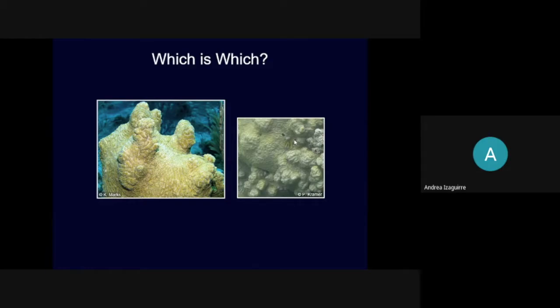Now on these two pictures, I have my Pseudodiploria clivosa on my right, and I'm going to have my Meandrina jacksoni on the left. So a good clue for this is going to be, where do I see these corals? Jacksoni usually grows deeper than my Pseudodiploria clivosa does, or Peakley.